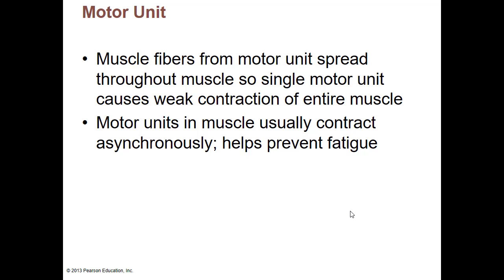Now, your motor units in your muscle usually contract asynchronously. When you stick A at the beginning of something, what does it mean? Without. So asynchronous means they're not in time, they're not in synchrony. They don't all contract at the exact same time.